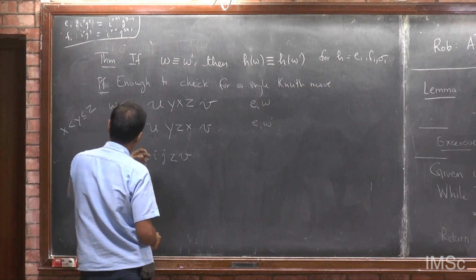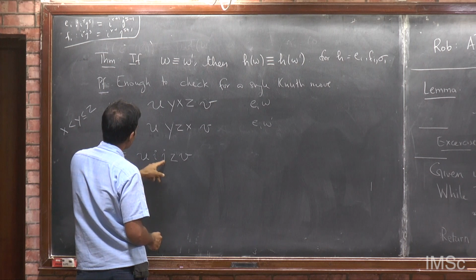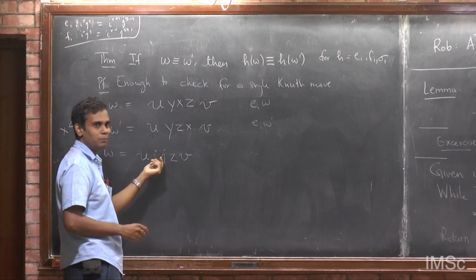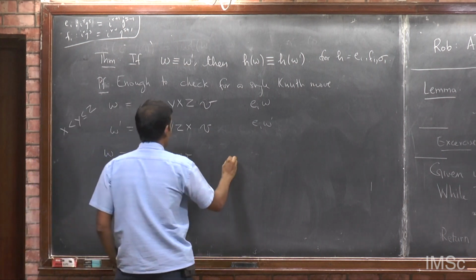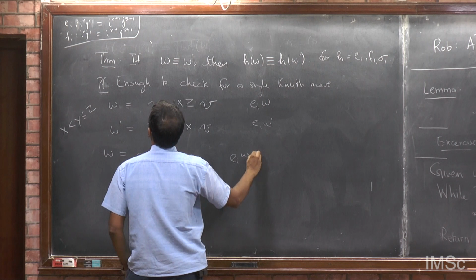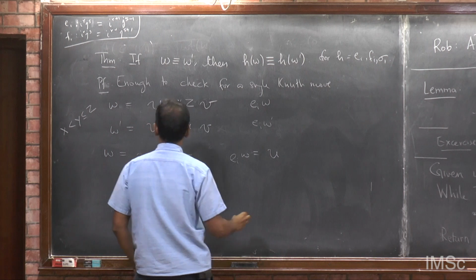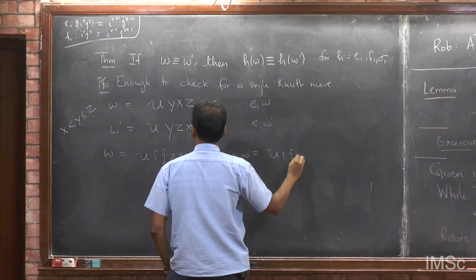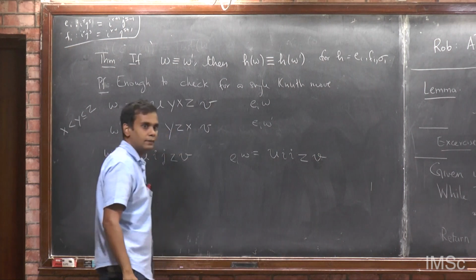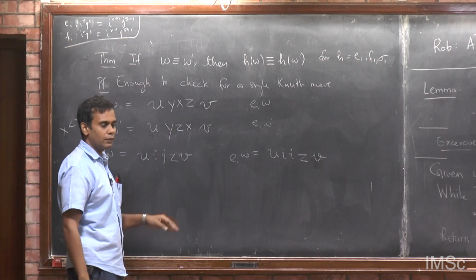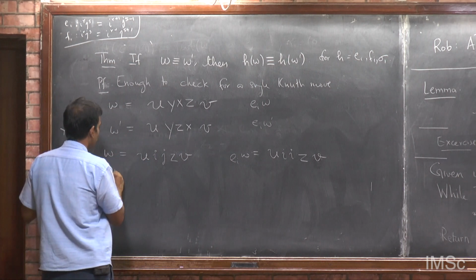It could in fact even be the case that this is the crucial, magic place where the I gets changed to a j, and so EIW is u, then I, I z v. Then what is W prime?